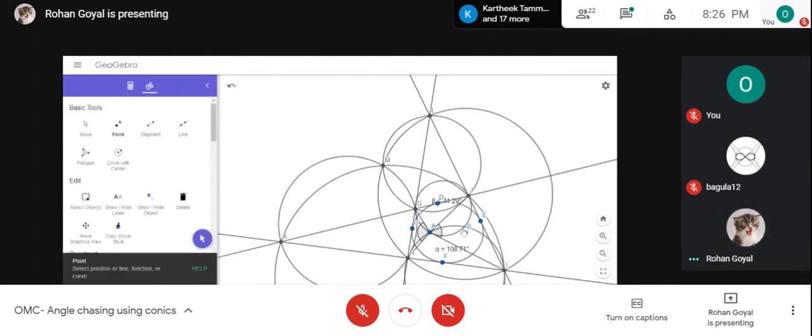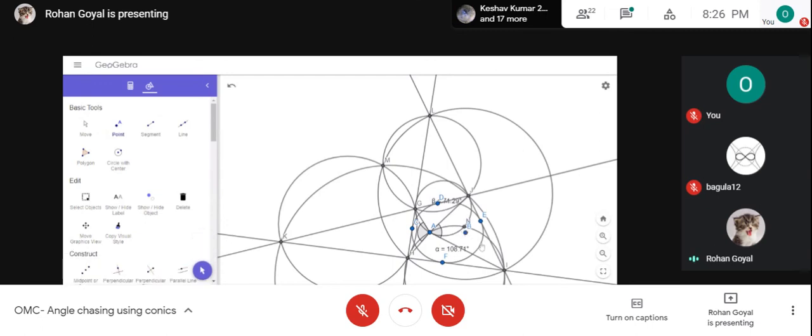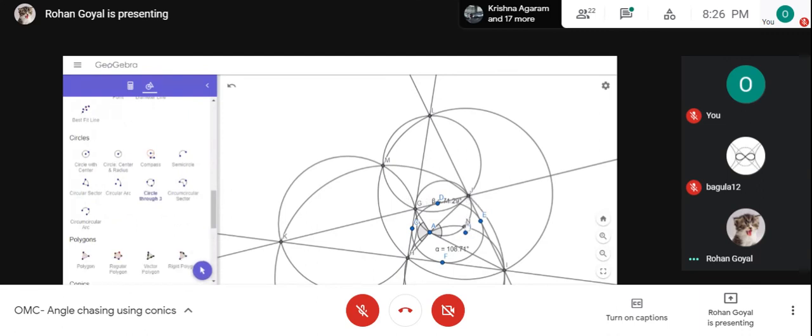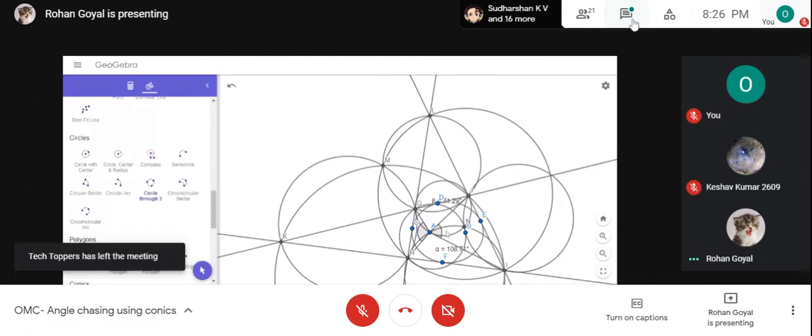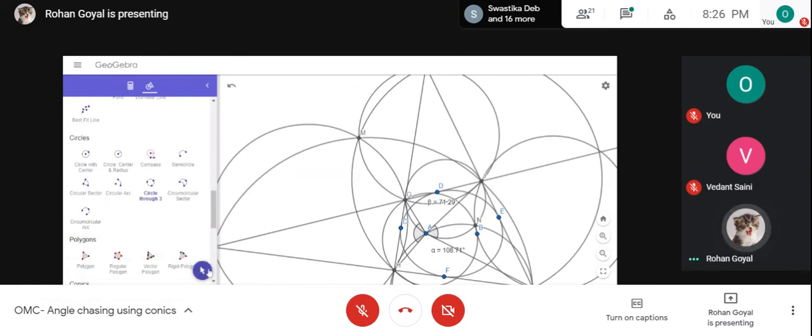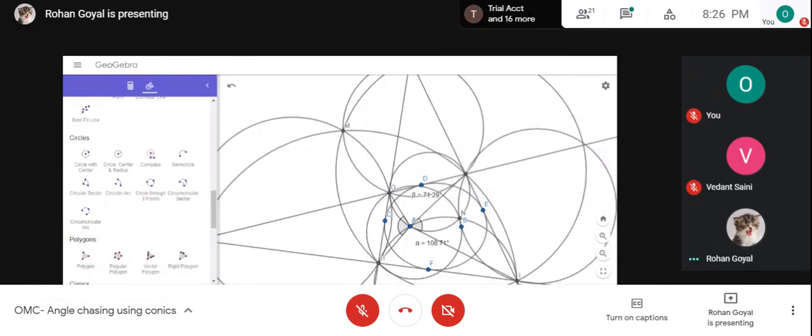You'll get a different point N, by the intersection of these two circles.